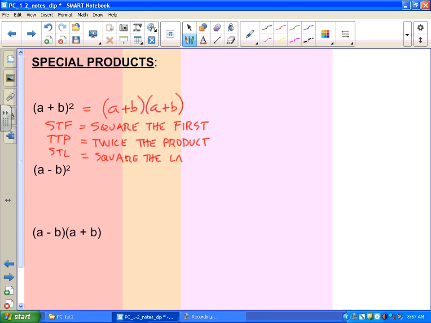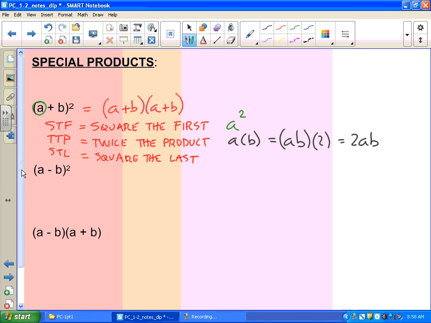What does that mean? Squaring the first means to take the first term in your binomial and you square it, you get a squared. Twice the product means to take the terms inside of the binomial, the a, and multiply them by b, the second term, and get ab, and then take that times 2, and now we have twice the product of the terms.